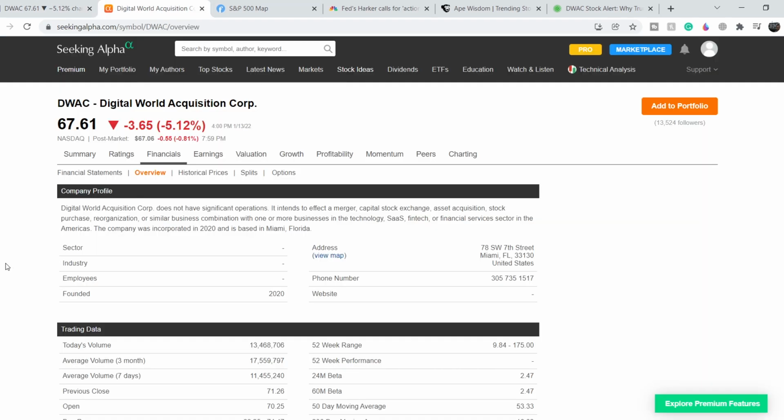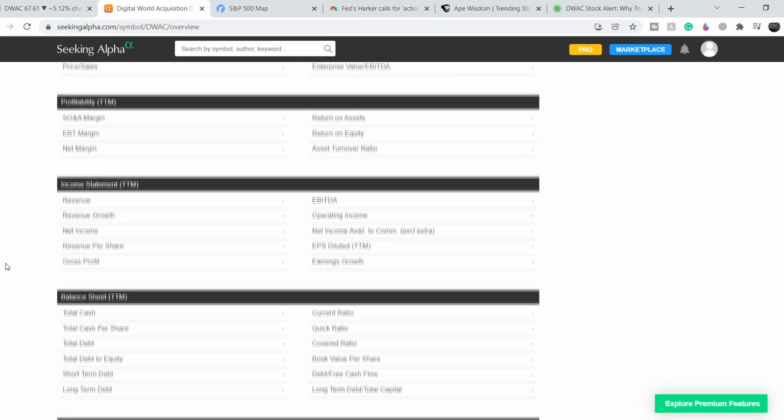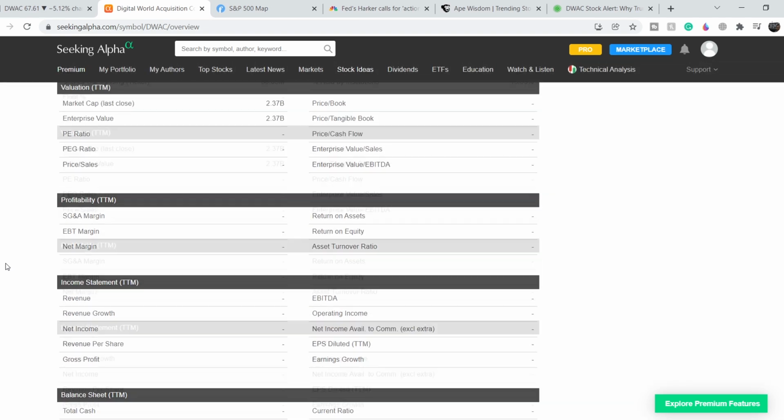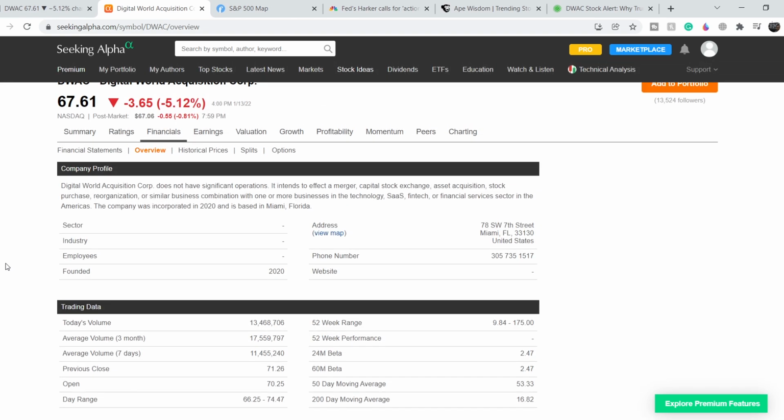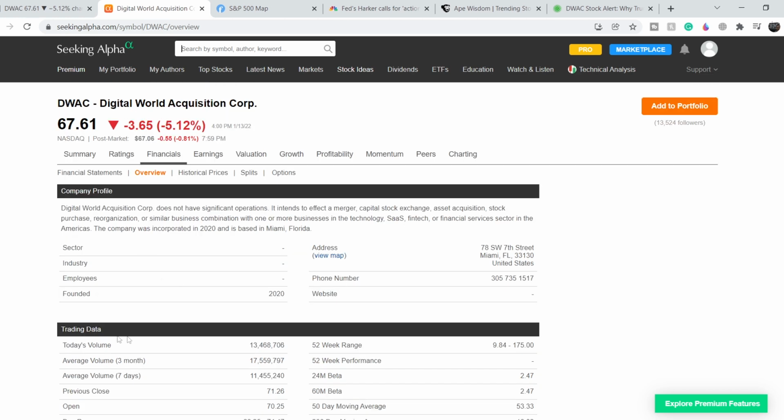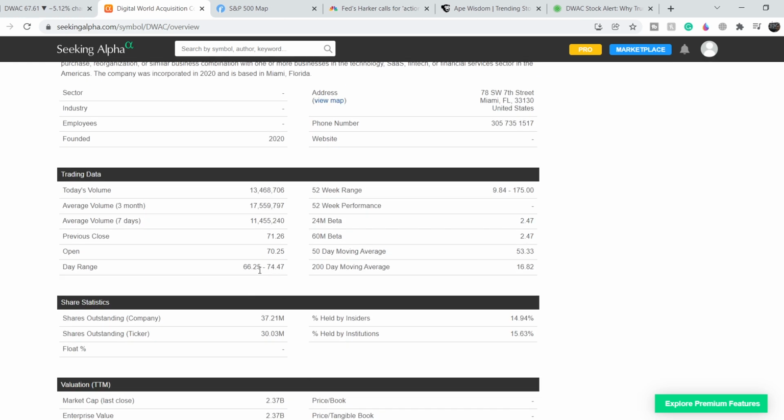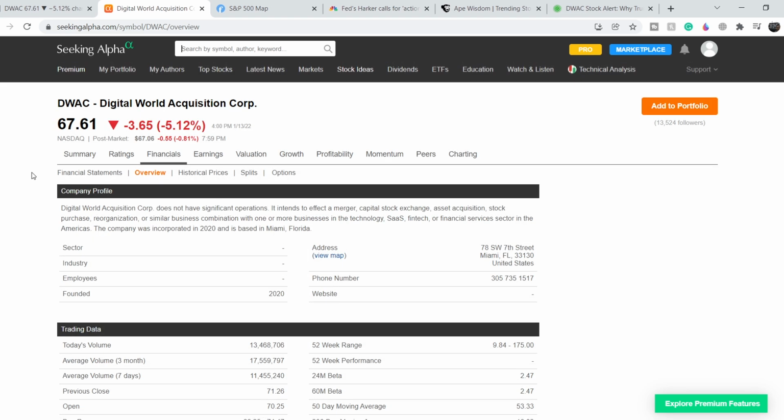Right here we don't have any numbers related to this company, because the DWAC corporation is a blank check company that was made for the purposes of a merger. That's why we cannot rely on any numbers here. On top of that, we cannot rely on any fundamental news related to the company itself.